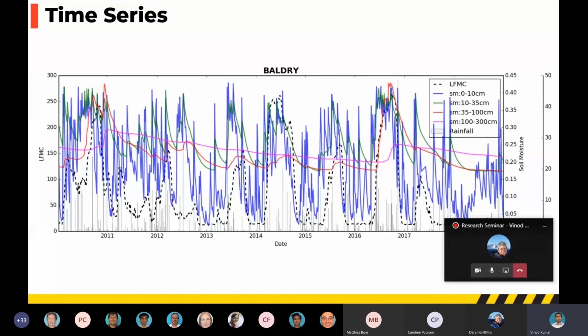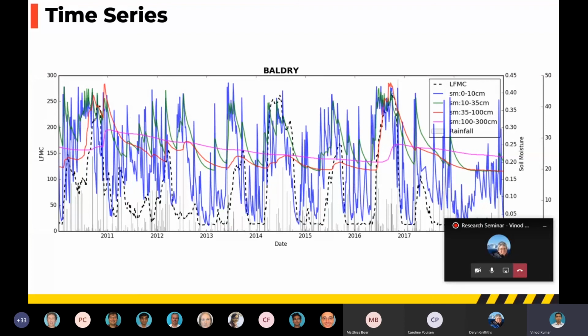Especially the third layer does show some seasonality, but because the top two layers act as a natural filter, the moisture is percolated much more slowly onto the third layer, and the bottom layer has much less sizable temporal variability, possibly pertaining to its depth and also the thickness of the layer.